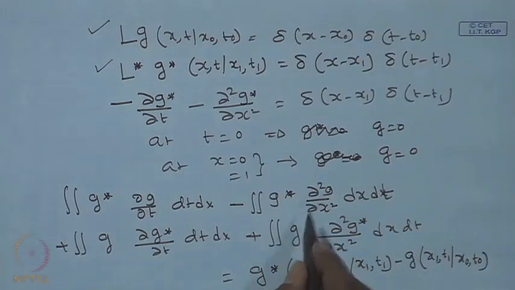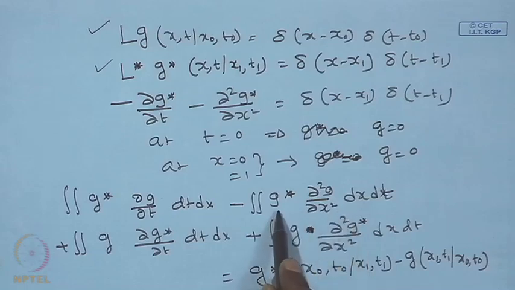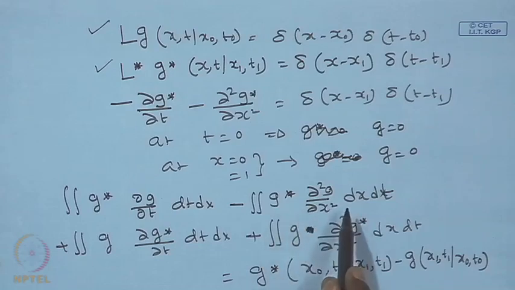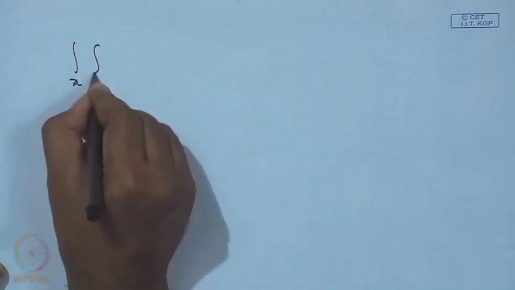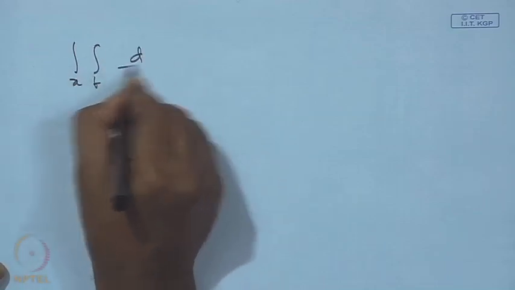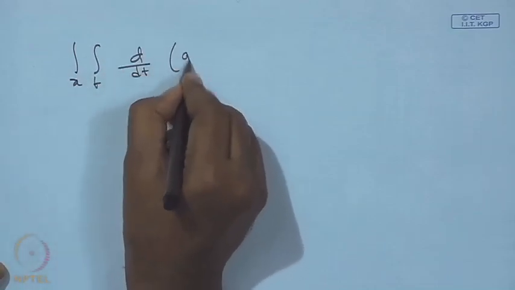If we combine these two parts and these two parts, and integrate by parts, as we have already seen, that term will be equal to 0. Similarly, if we evaluate this integration by parts, again we will be getting a 0. So ultimately what we will be getting is the double integral over x and t of d by dt of G and G star.